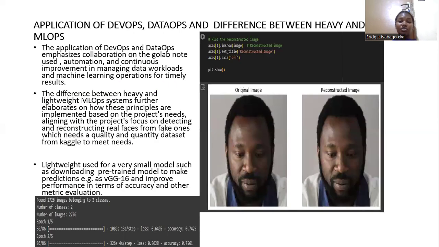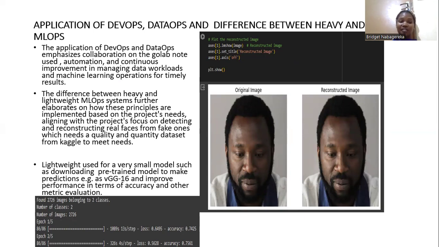And then the application of DevOps, data operations, and the difference between the heavy and light MLOps. So the application of DevOps and data operations basically emphasizes collaboration, the use of automation and continuous improvement, and managing data workloads and machine learning operations for timely results. So this basically helps us to manage the results so that results are gotten on time and in a specific period of time.